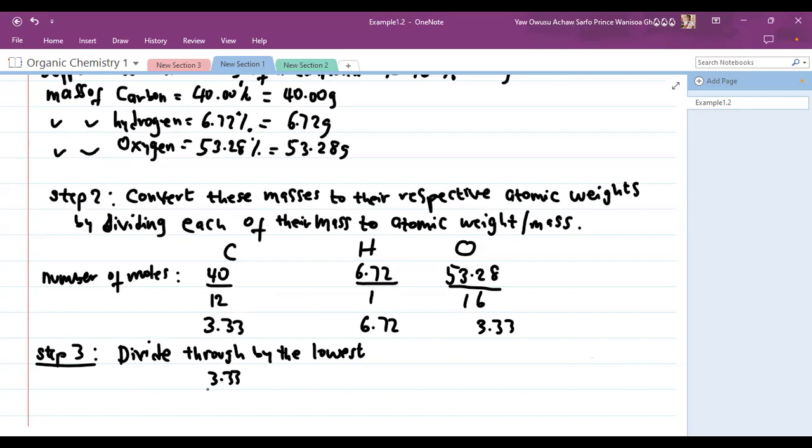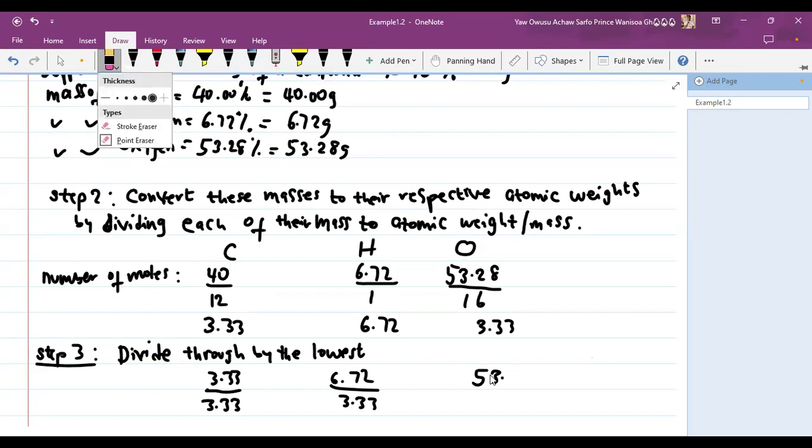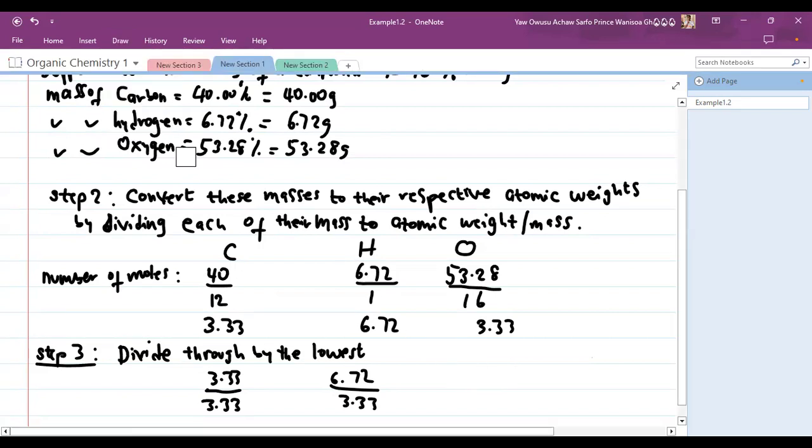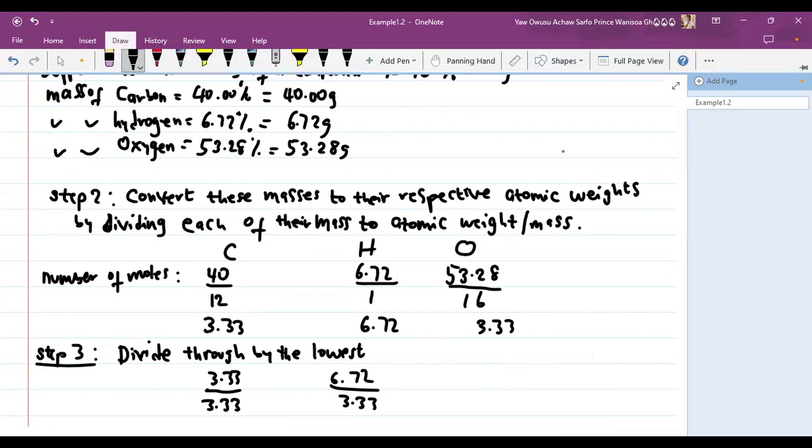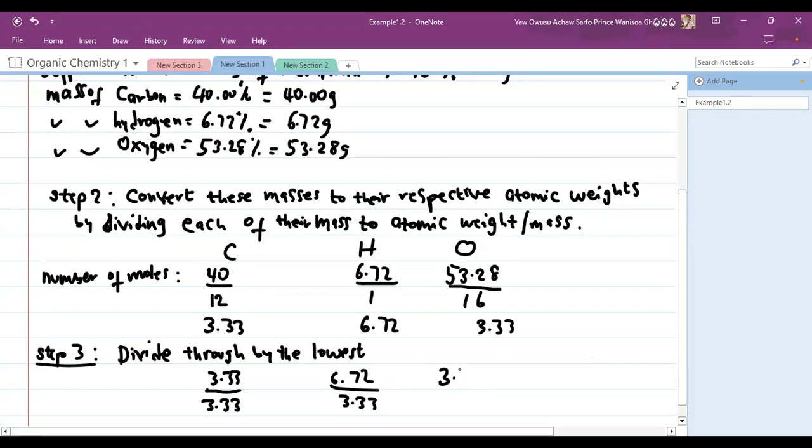So 3.33 is our lowest. 3.33 over 3.33, 6.72 over 3.33, and 3.33 over 3.33.